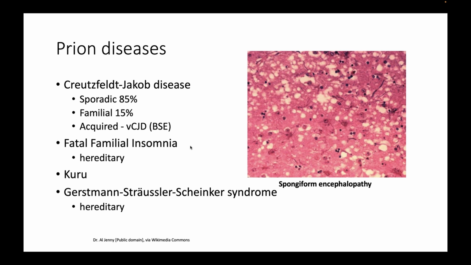And there are even rarer hereditary diseases, which are fatal familial insomnia and Gerstmann-Sträussler-Scheinker syndrome, but I think this is probably too specific.